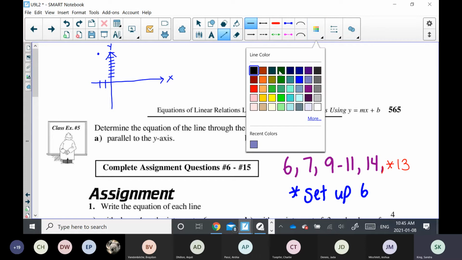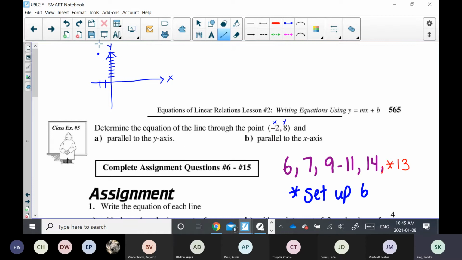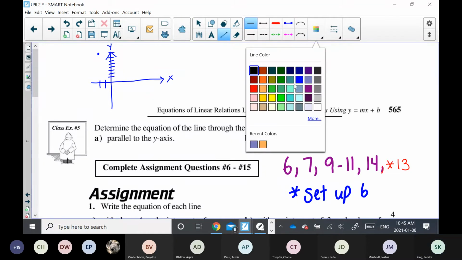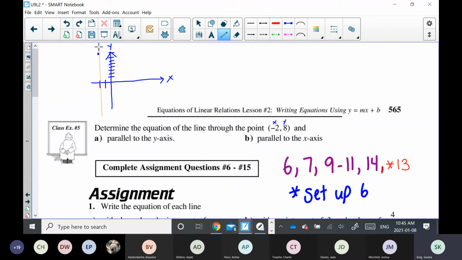So if you have your ruler, take your ruler out, and a line going through this point, parallel to the y-axis, would look like this. So this is a line going through the given point, which is -2, 8, and this line is parallel to the y-axis. And what they want is the equation of this line.